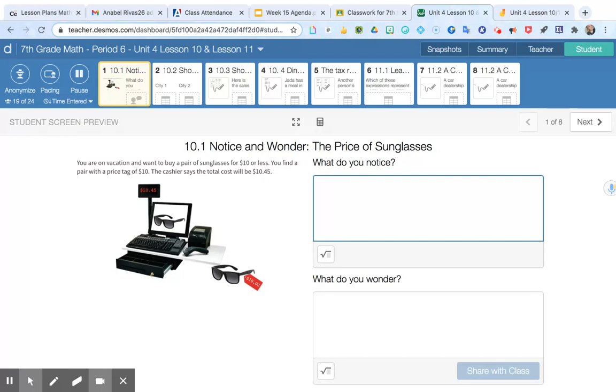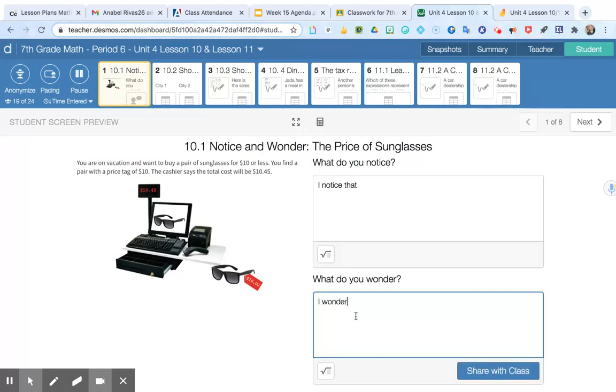We're in junior high, so we're going to write complete sentences. So what do you notice about this problem? Maybe you notice something changes, maybe you notice something about the picture. You're going to tell me something that you notice. Start with I notice. And then in this one, it says, what do you wonder?